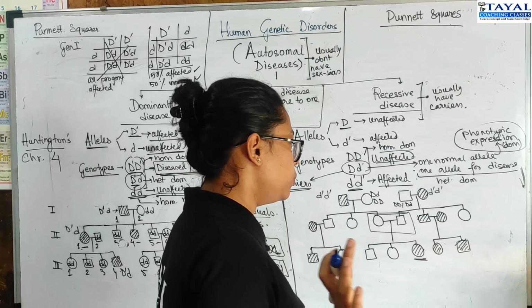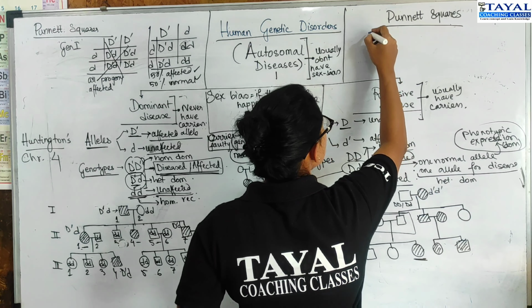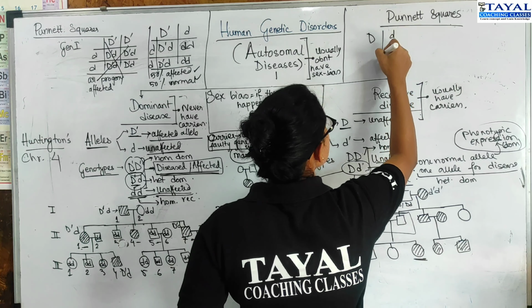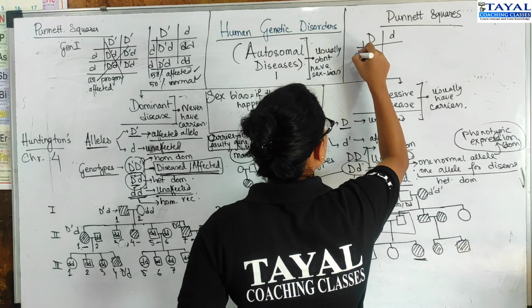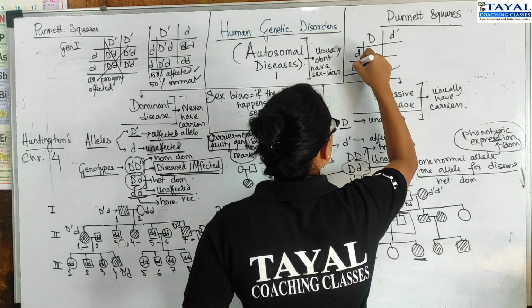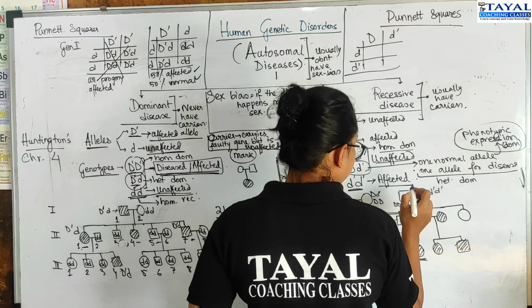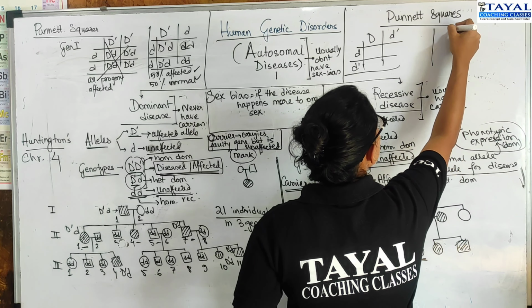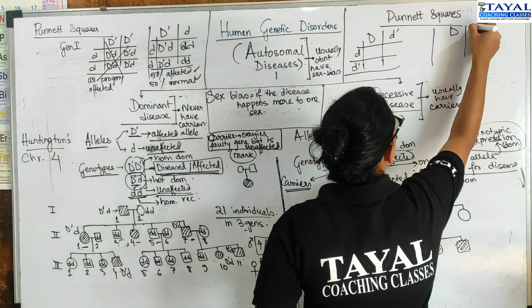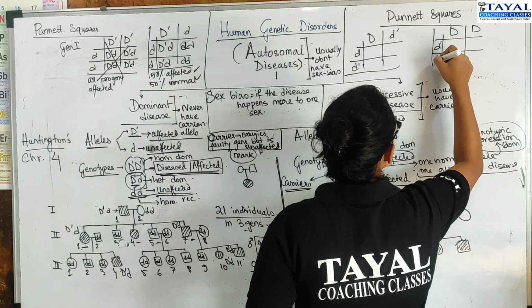Now let's look at what the Punnett square says, because for both of them it will be similar. We'll do 1: capital D small d crossed with small d small d. Let's dash the d's because it's a diseased condition. And the second cross is capital D crossed with small d dashed, small d dashed.